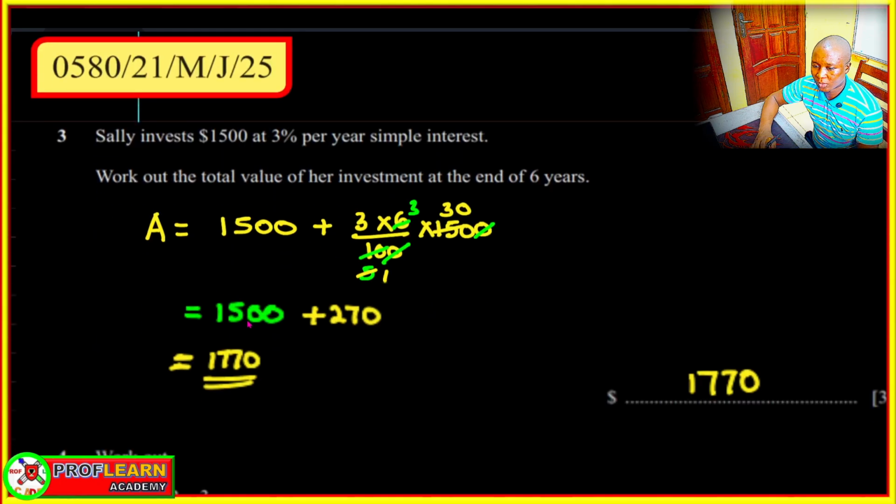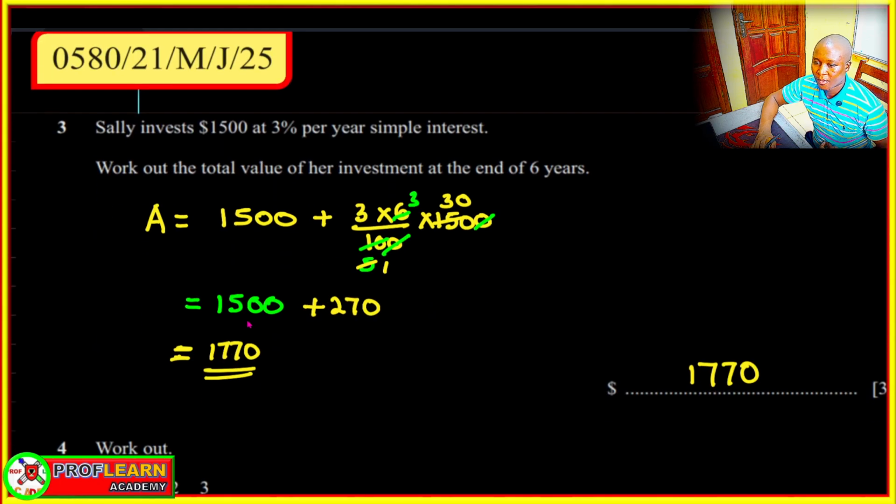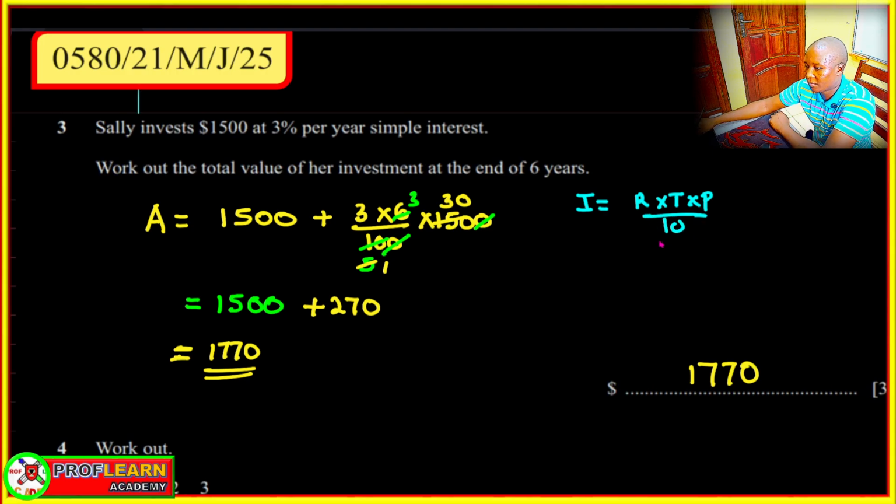The third question that was asked is where Sally invests $1,500 at 3% per year simple interest. We know that interest is usually rate times time times principal over 100.